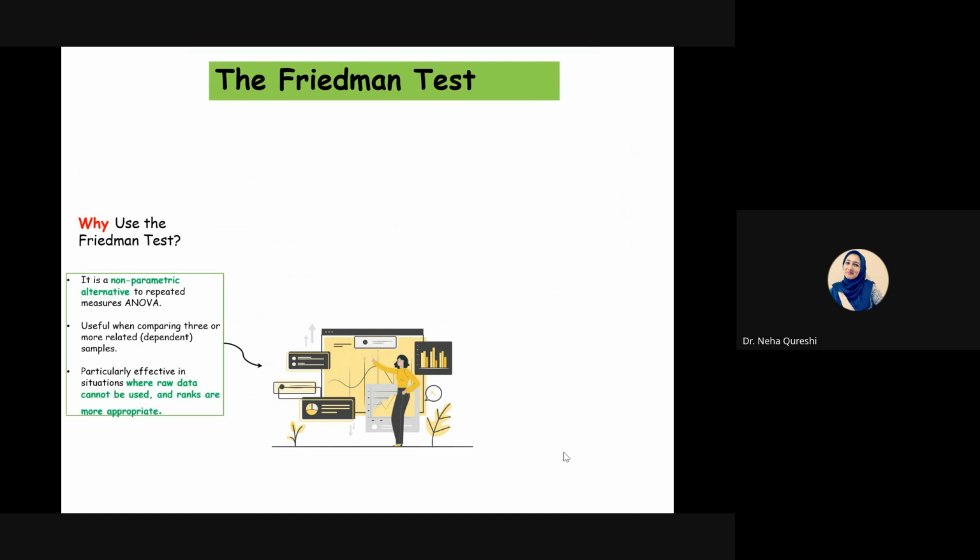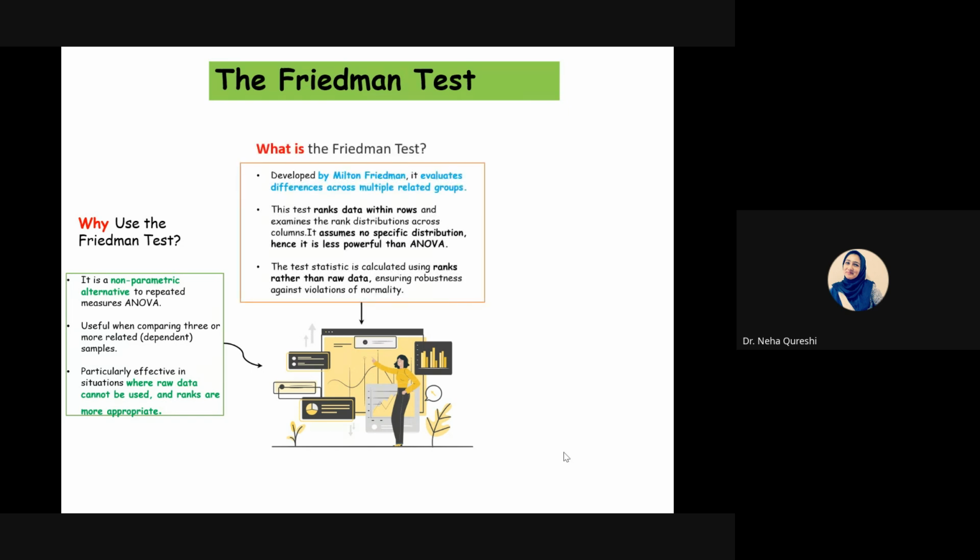Friedman test is actually a counterpart of the repeated measures ANOVA. It was developed by Milton Friedman, and it evaluates the differences across multiple related groups. Say a paired t-test is for a single group before and after. But what if you have multiple groups and you want to check before and after, or you have a panel of judges who are judging a common product together and giving their opinions at multiple periods of time?